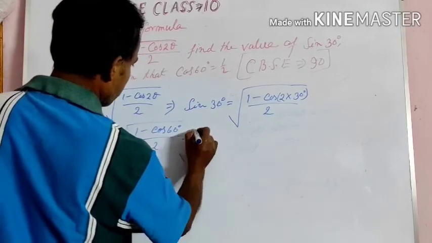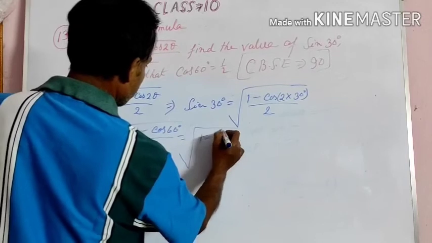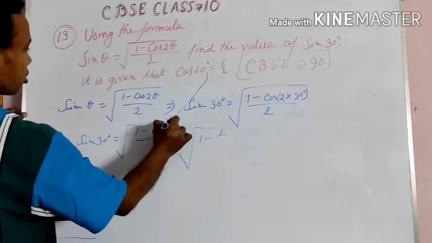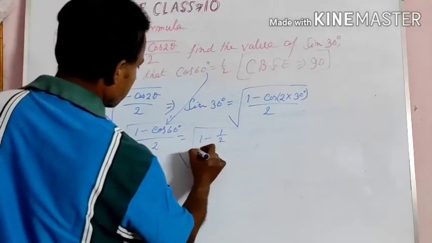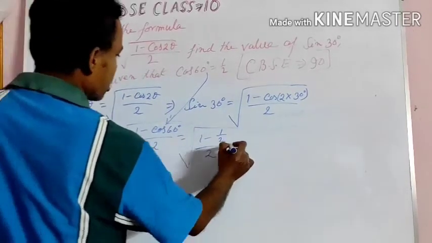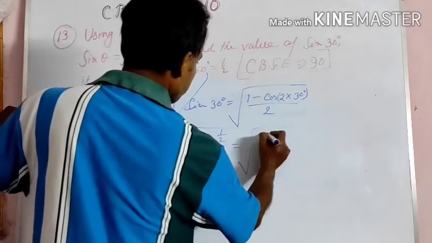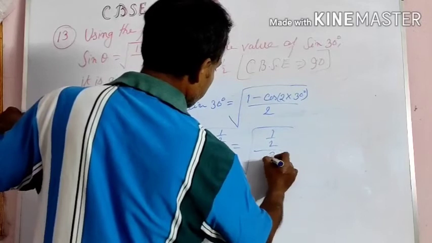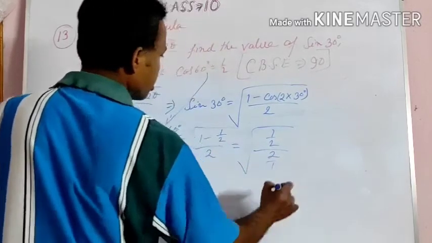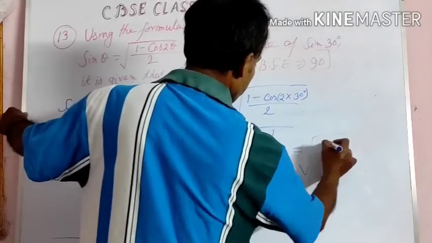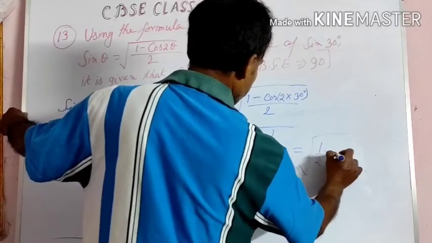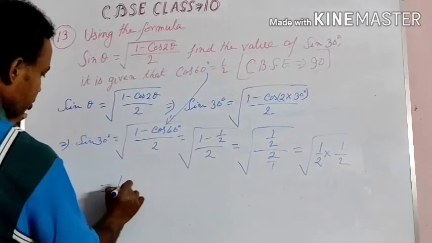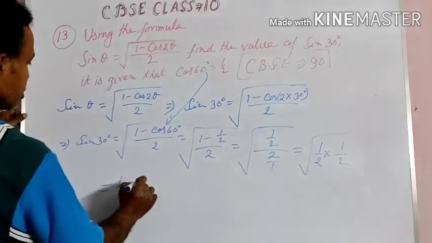Cos 60 is given here, cos 60 is equal to half, so root over (1 minus half) by 2, is equal to root over (half into 1 by 2), is equal to half. So this is your answer.